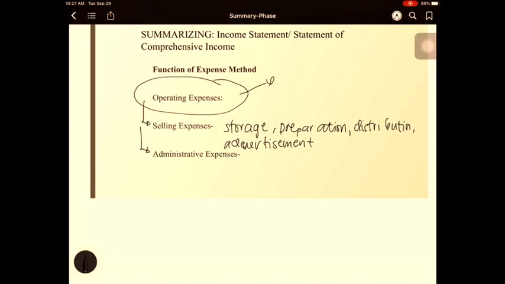If the answer is no, meaning they are not directly attributed to the things we listed here, then they are part of your administrative expenses. So do not forget that, because if in the problems later on you are required to prepare an income statement using the function of expense, then you should know how to reclassify the expenses and determine whether they are part of your selling expenses or your administrative expenses.